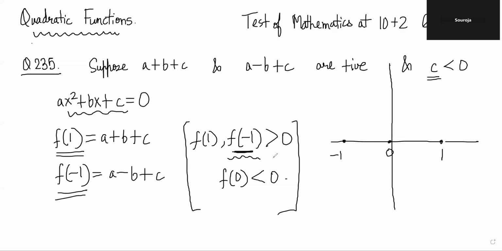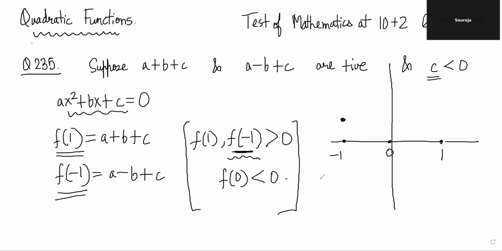No, wait, it's greater than 0, so it's positive. So how should I draw the graph of this quadratic? F of -1 will be the value of y. So is it above the x-axis or below? Above. So there will be some point somewhere, I don't know where, but it will be somewhere here above, right?